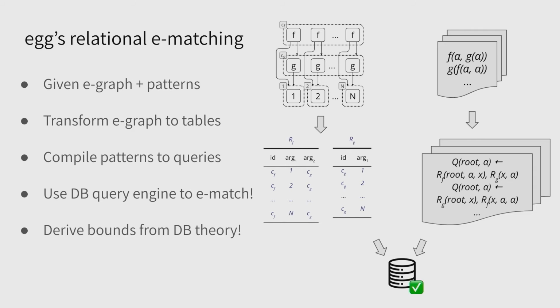That's really it. So what's the trick here? Well, the trick is that when I turn my E-matching patterns, my rewrite patterns, into conjunctive queries, I don't have to execute that query top down or bottom up. I don't have to do structural first or equality first. I can do them in whatever order I want. And I can take advantage of all the things that database query execution engines take advantage of.